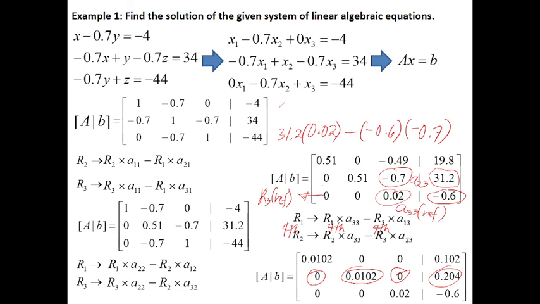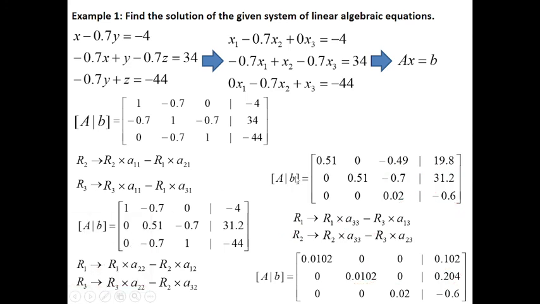Then row 3 will not change because it is our reference row. So we just copy: 0, 0, 0.02, negative 0.6. Okay? So now the procedure is we divide all elements in row 1 by A11.